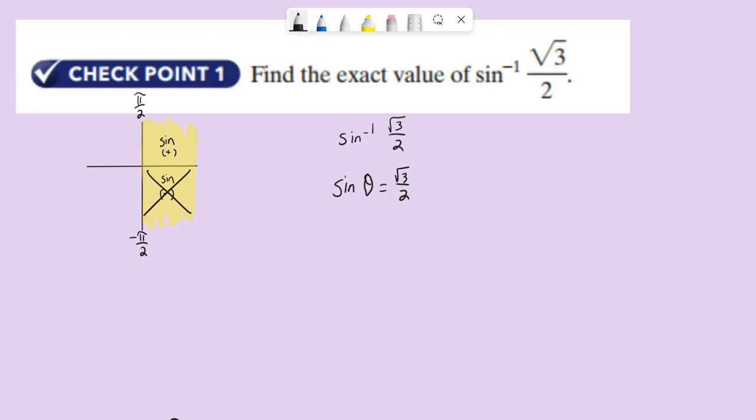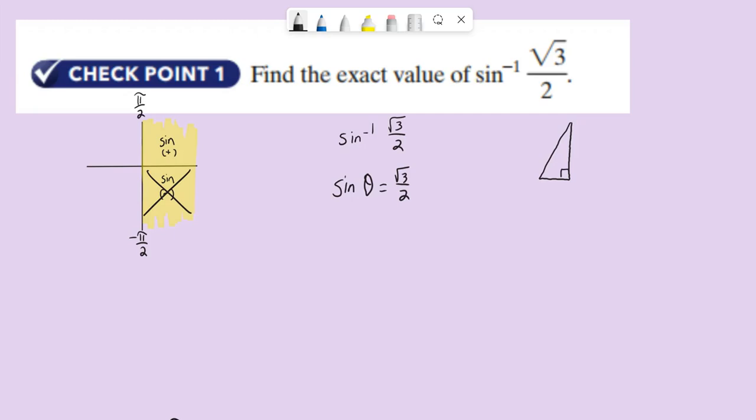Now, root 3 over 2. You remember what kind of angle ended up with a root 3 over 2? Well, we're looking for where y has a value of root 3 over 2. Well, in a 30, 60, 90, that would be the long leg.